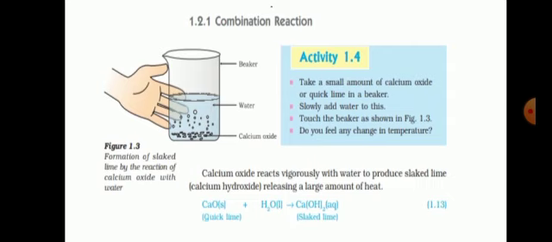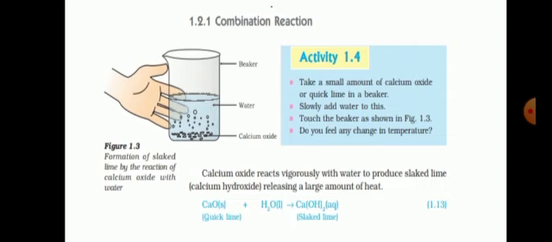The steps involved are: first, take a small amount of calcium oxide or quicklime in a beaker. Secondly, slowly add water to the beaker in which you have already added the calcium oxide or quicklime.